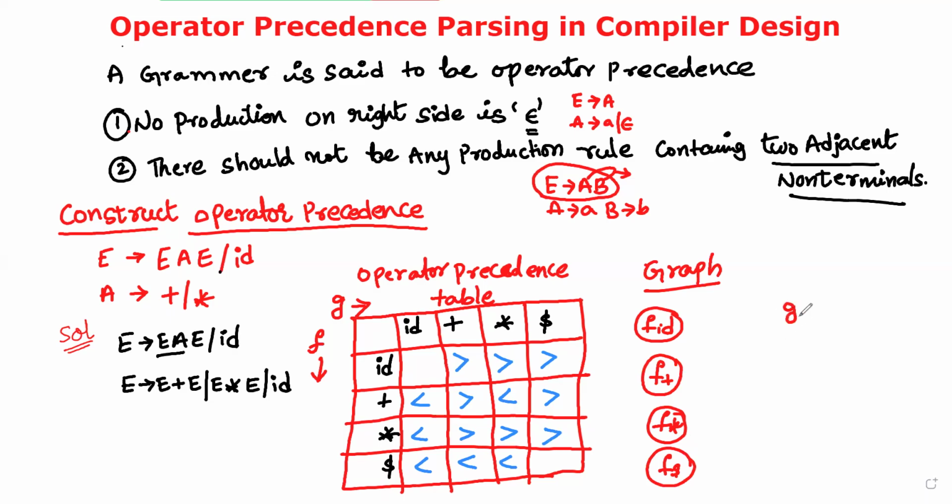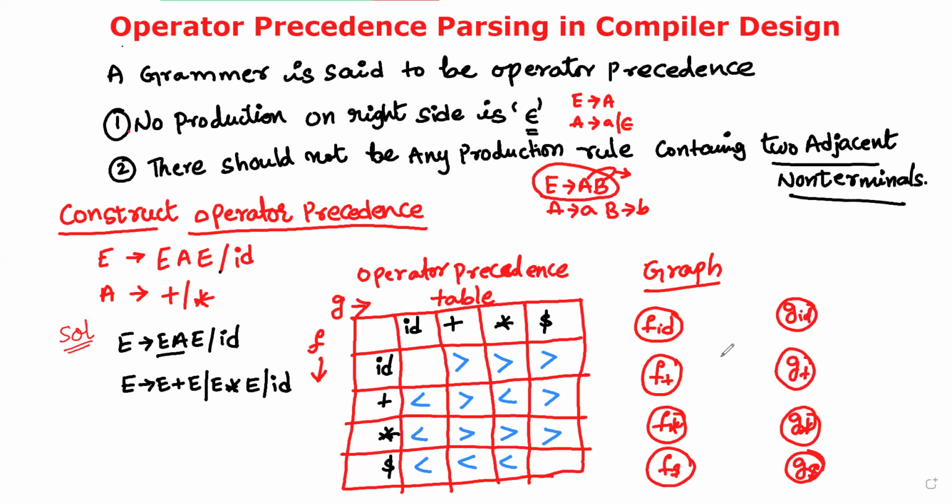So g of id, then g plus, then g star, then g dollar. Okay friends, so remember how these values will come: because of this f of id, f plus, f star, f dollar, g of id, g plus, g star, g dollar.